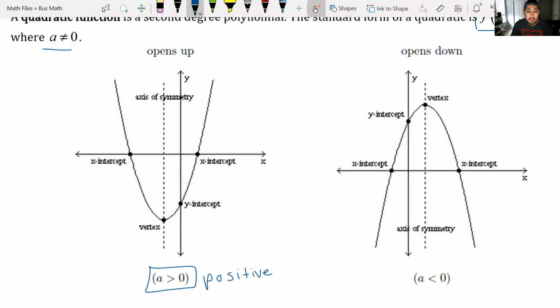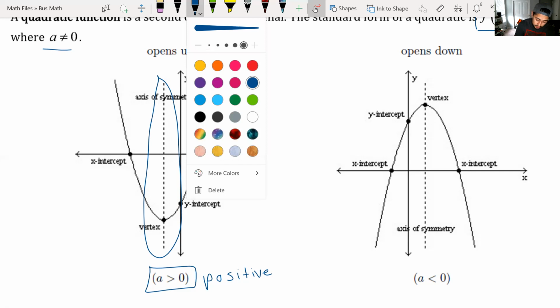Okay, and the last part of the graph of our quadratic function is that you have something called the axis of symmetry. This is your best friend when graphing a quadratic function, because since it's the axis of symmetry, everything across from it is symmetric. So let's say I had a point over here.